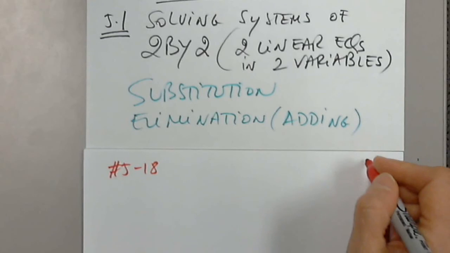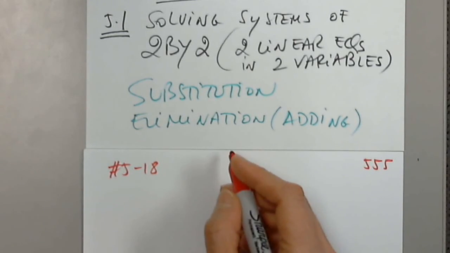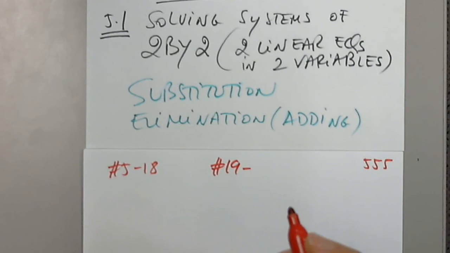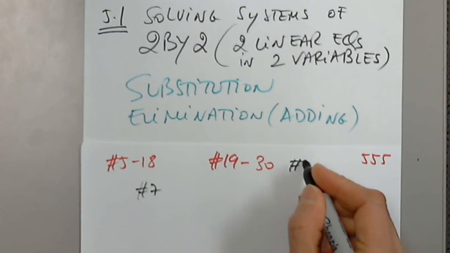Yes, please. And then I would like you to pick from 19 through 30. I need an example from 5 through 18 and an example from 19 through 30. Okay, let's go with 7. 7 it is. 21. Very good. 7 and 21.